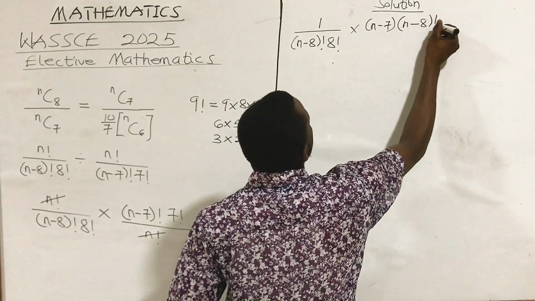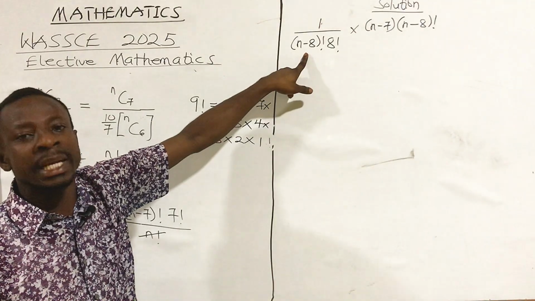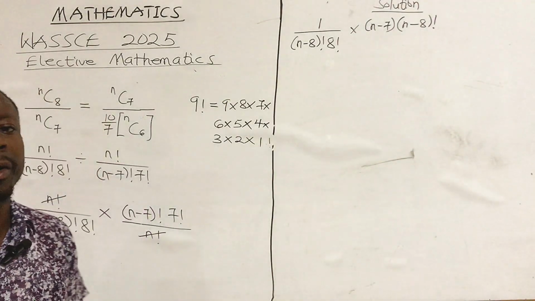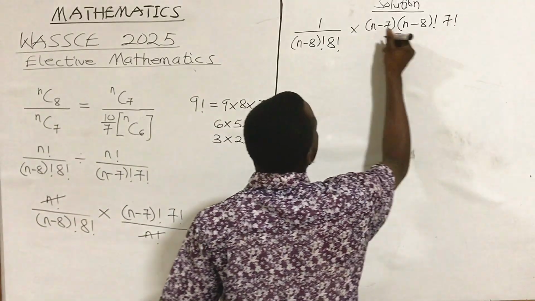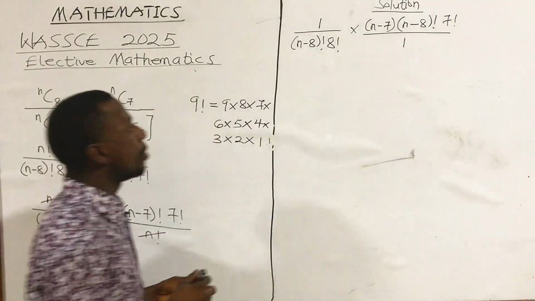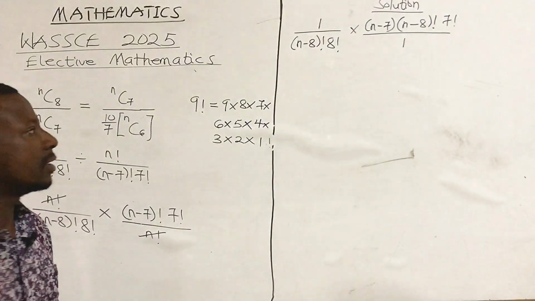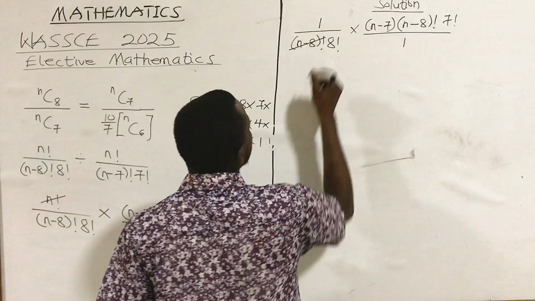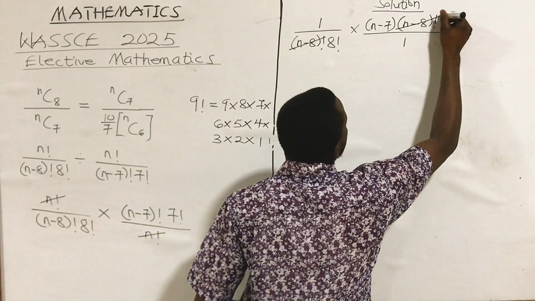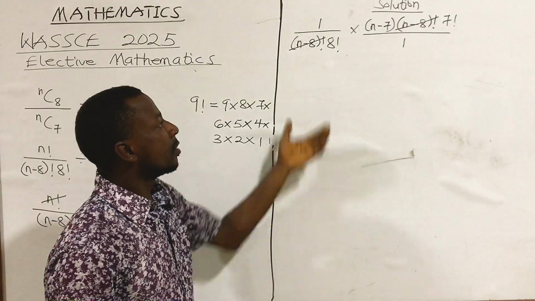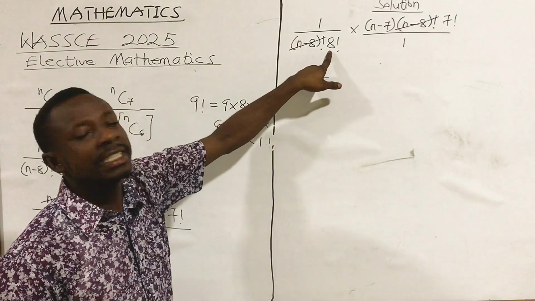And this is where I will end, because I have here (n minus 8) factorial, which can help us to cancel out. So multiplying 7 factorial all over 1. Because this and this have been cancelled out, we take off (n minus 8) factorial. So we have 1 over 8 factorial.